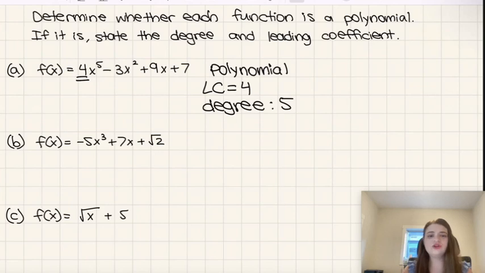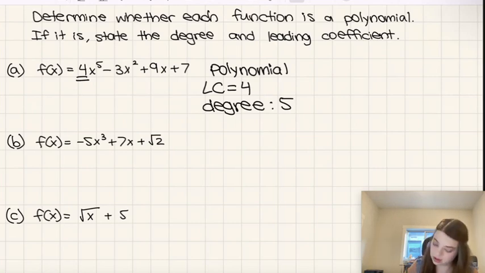Now you'll notice that, sure, we skipped a couple, right? We don't have any term with x to the power 4, x to the power 3, but that is okay because that just means our coefficients for those two terms were 0, and that's why they're not written here. So that's completely fine. Okay, let's take a look at example B. Here we have -5x cubed plus 7x plus root 2.